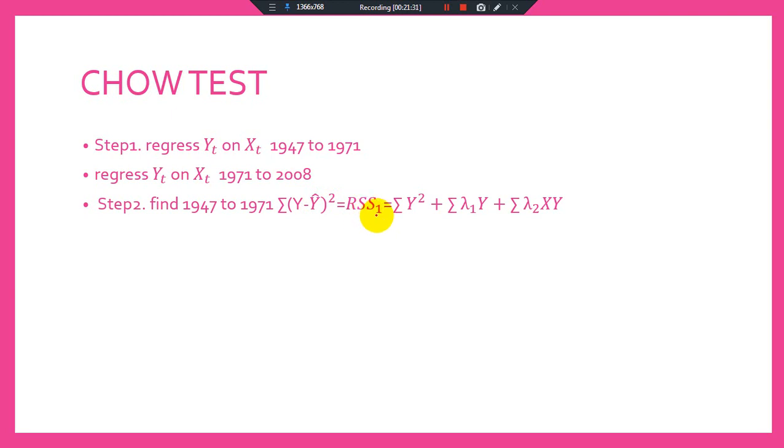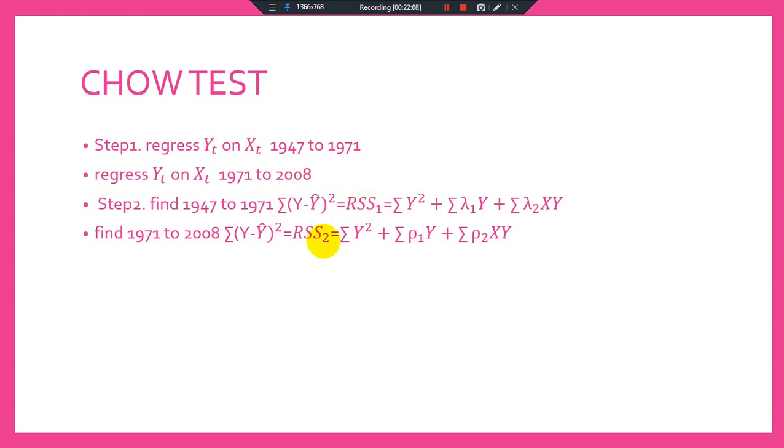or you can use RSS. Here we have divided our total time period into two parts, so that's why we are getting the first residual sum of squares. You can use another formula for the residual sum of squares, summation yt plus summation lambda 1 plus summation lambda 2 xt, and find another residual sum of squares from this estimated regression line, for which we have data from 1971 to 2008.